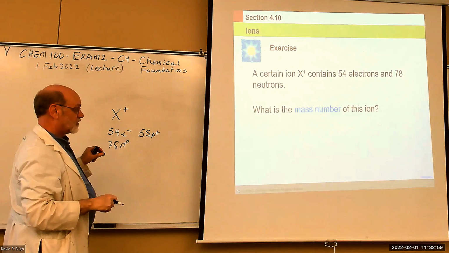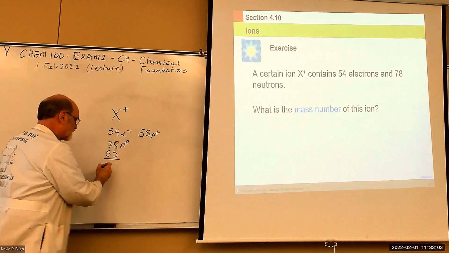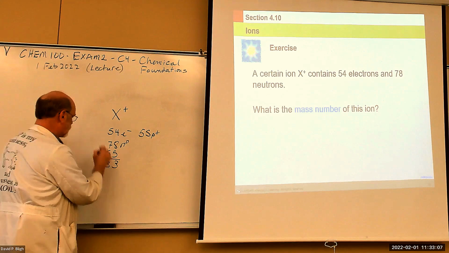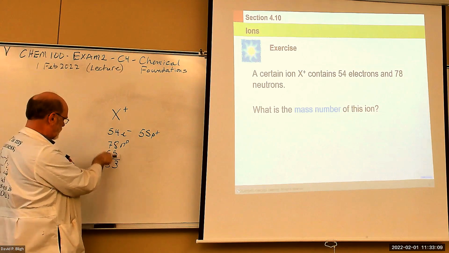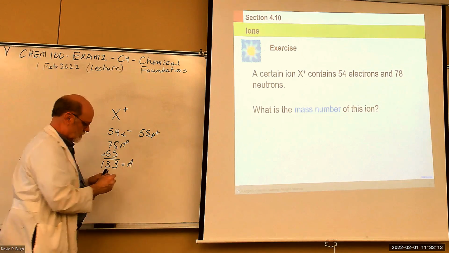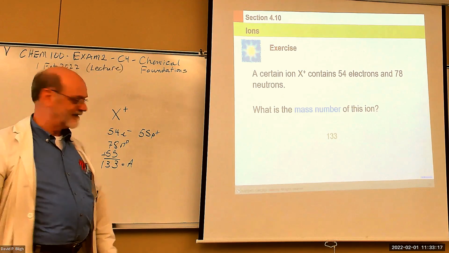Okay. So now the mass number is 55 plus 78, which is 133, right? So that's the mass number. Okay?